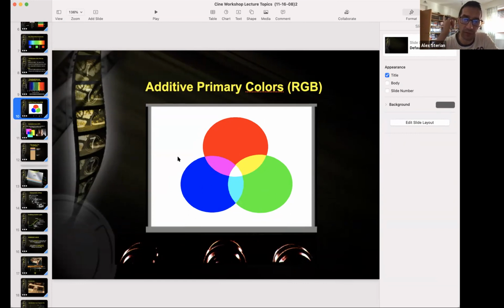Yeah, in painting we have pigments like in the subtractive, but the subtractive itself works as a pair with the additive system, which is this one. And as you can see, it's mixing together those three colors. We produce yellow by mixing red with green, cyan, green with blue, and magenta, blue with red.